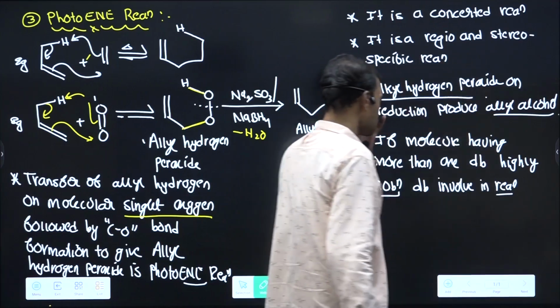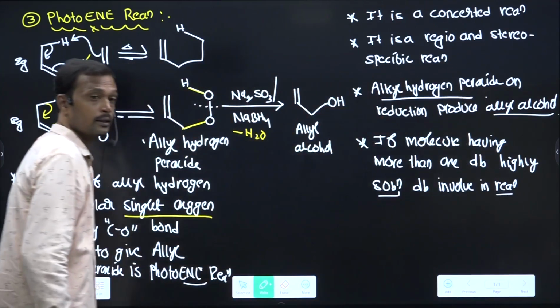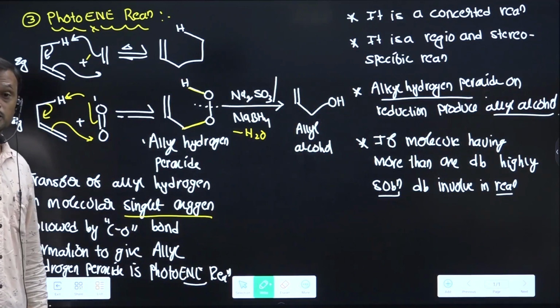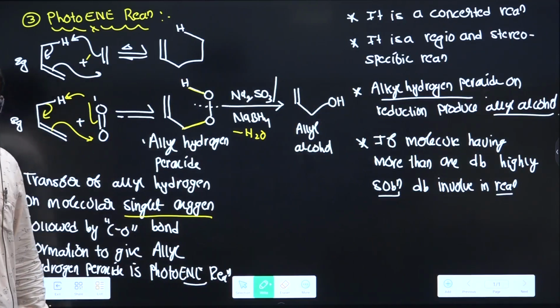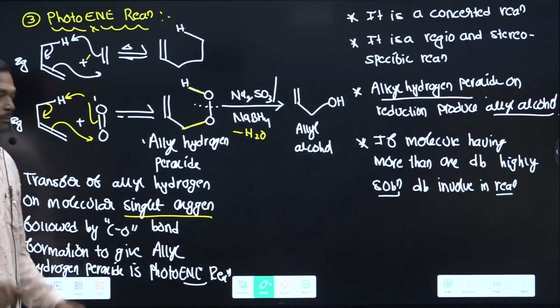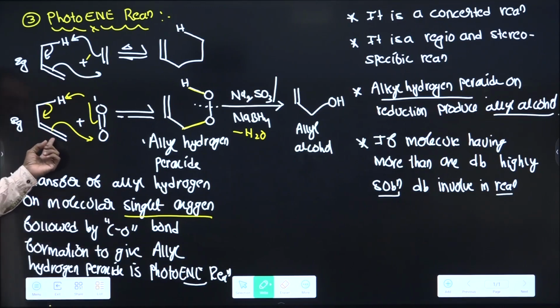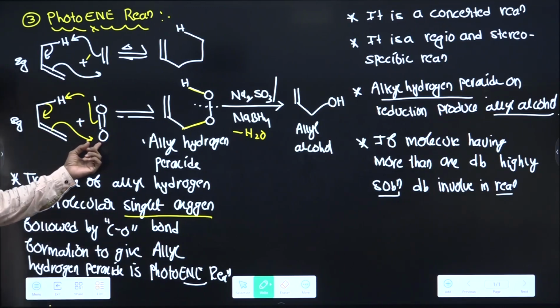If there is only one double bond, no problem. If the molecule has more than one double bond, which double bond participates? Less substituted or more substituted? More substituted. Because one is a nucleophile, one is an electrophile. If it is more substituted, more nucleophilic, then it can react with an electrophile.